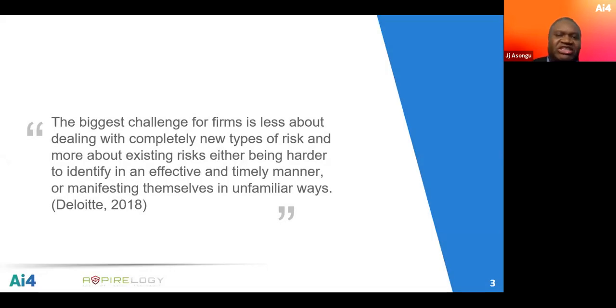The biggest challenge for firms is less about dealing with completely new types of risk and more about existing risk, either being harder to identify in an effective and timely manner or manifesting themselves in unfamiliar ways. That quote is actually from Deloitte.